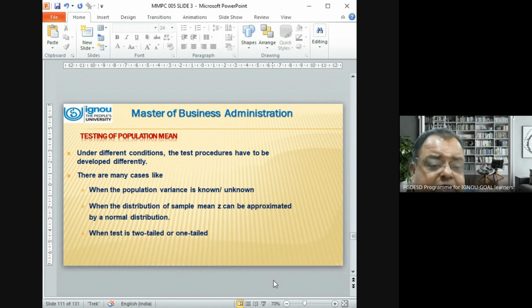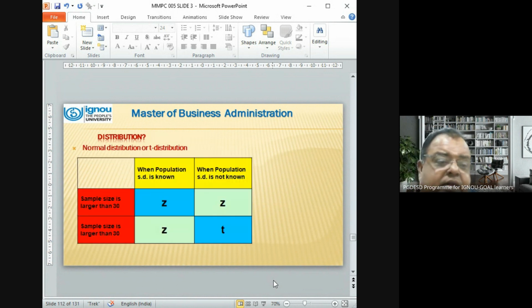The conditions are: when the population variance is known or unknown, when the distribution of sample mean can be approximated by a normal distribution or not, and when the test is two-tailed or one-tailed. Now we'll see how this is done.